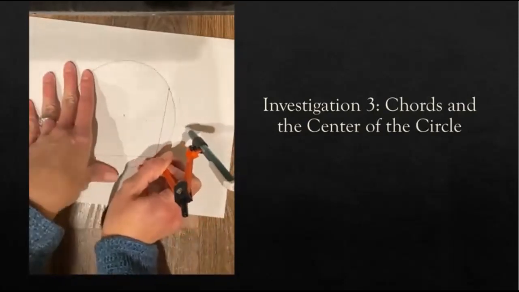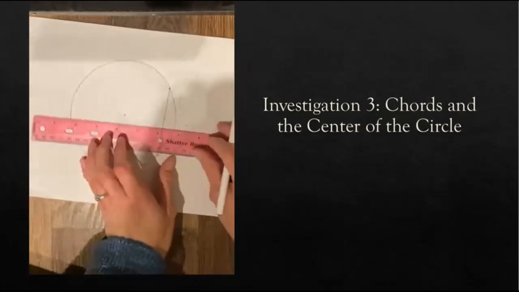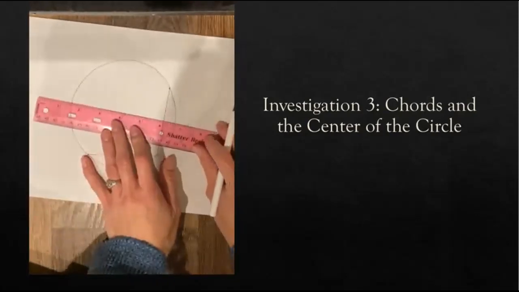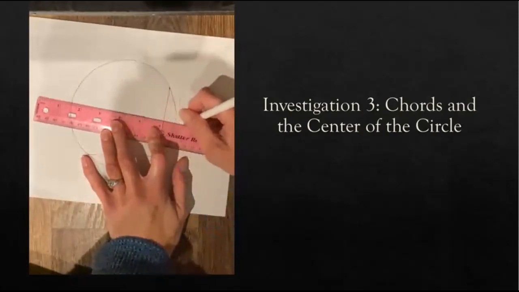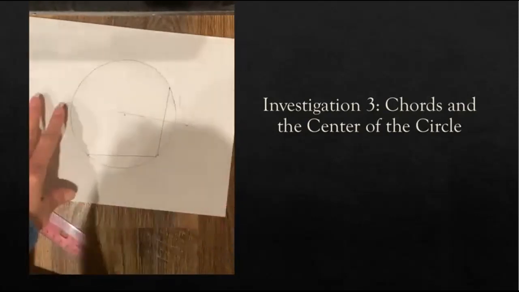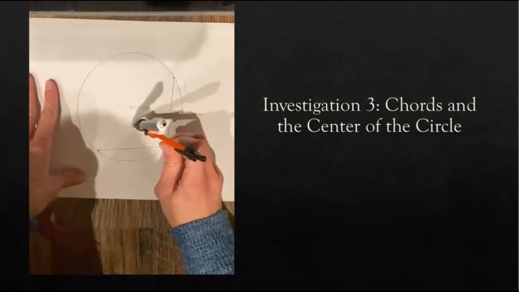So here I'm marking my arcs to get my perpendicular. And my perpendicular bisector goes straight to the center of the circle.